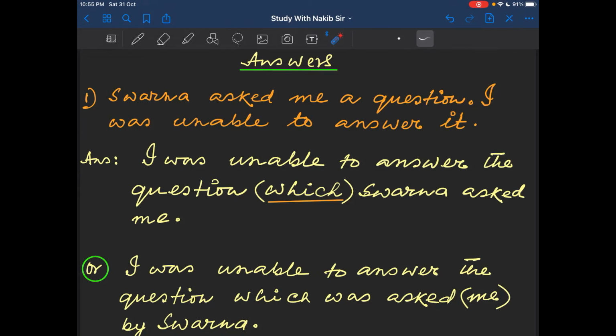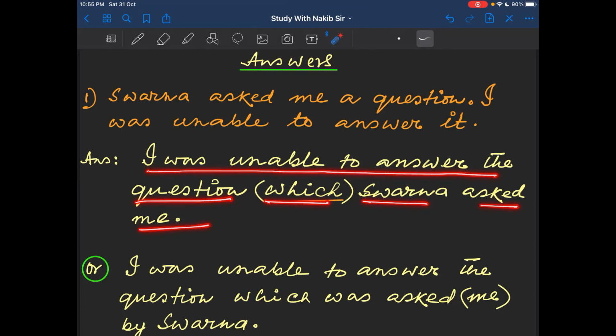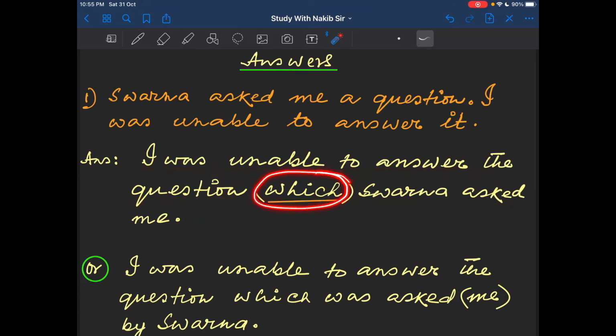See, I was unable to answer the question which Sorno asked me. This "which" is actually the object of this relative clause. When the relative pronoun is the object of the relative clause, this relative pronoun is generally understood, not expressed.